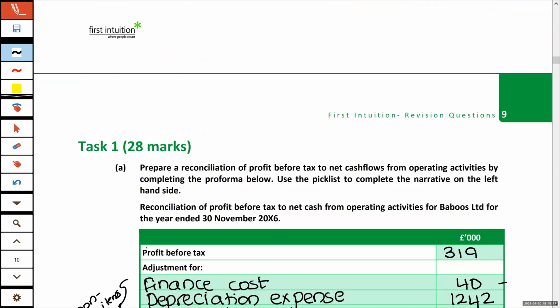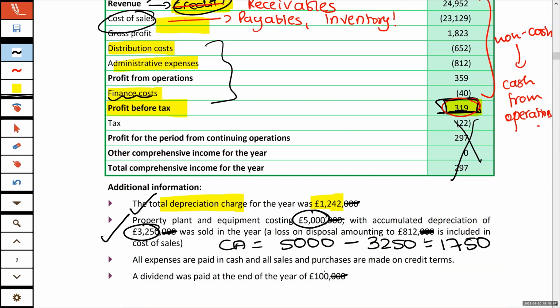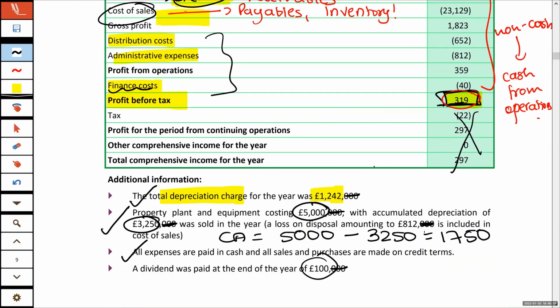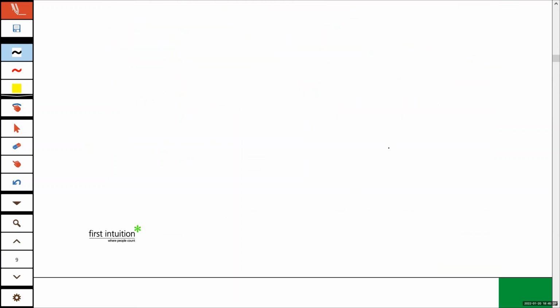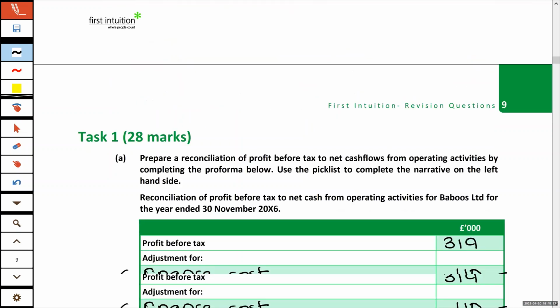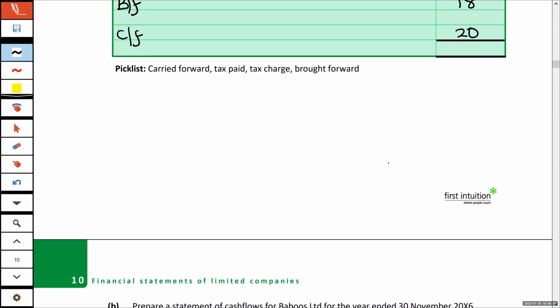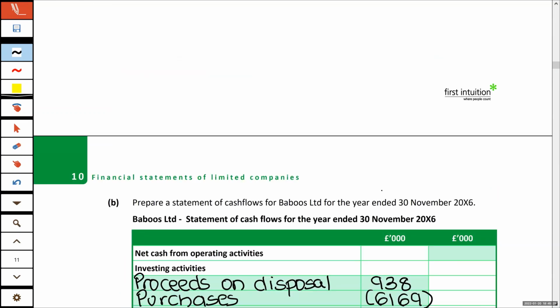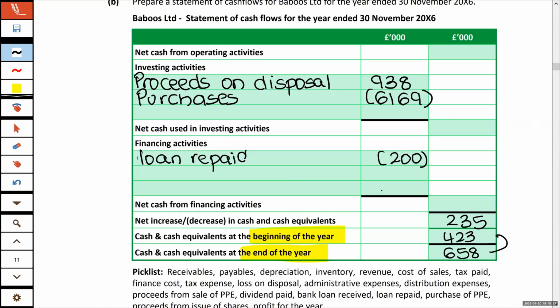And the last one, dividend paid. So if dividend is paid, that is a reduction in cash as well. Where do you think dividend paid would go? I'll give you a clue. Somewhere where you see in front of the screen at the minute. Perfect.